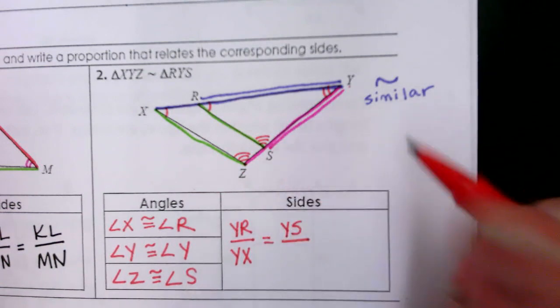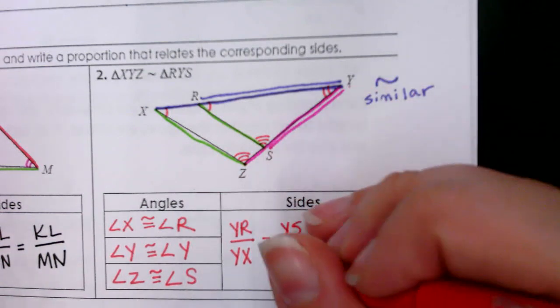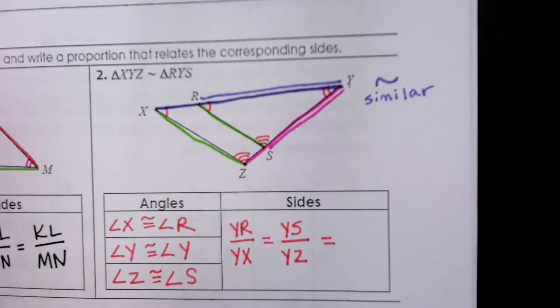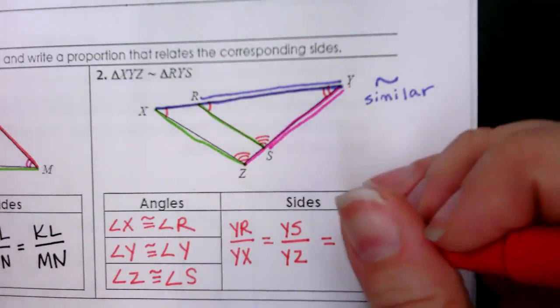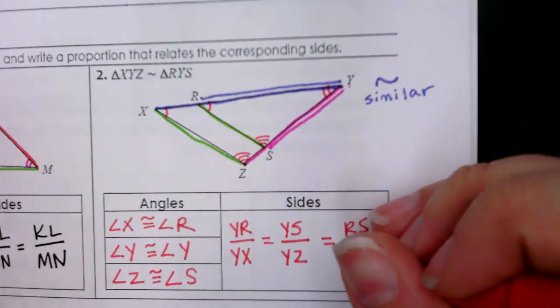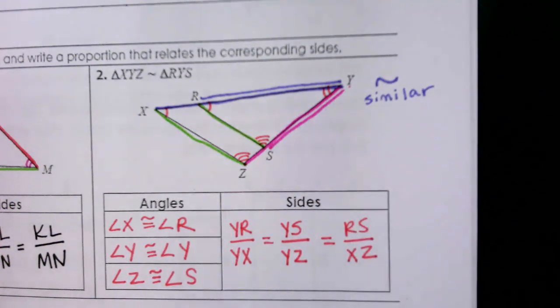Again, I'm starting with the smaller, and then I'll go to the bigger, over YZ. And then it's equal to RS over XZ. And that would tell us the ratio of the sides.